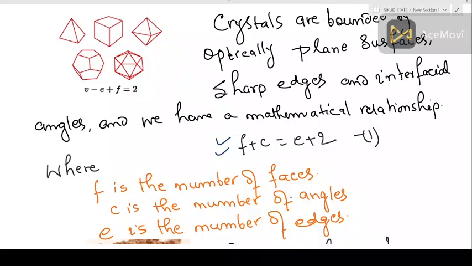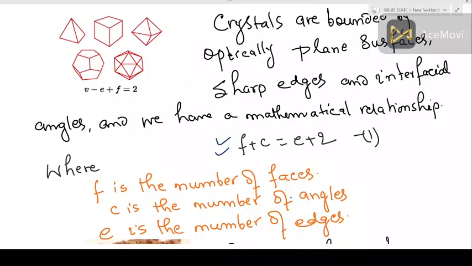This equation shows that the number of faces, the number of angles and the number of edges are just not random in a crystal. They are related by a mathematical equation. There is a certain fixed relation between the three quantities, the number of faces, the number of angles, the number of edges, that defines a crystal.